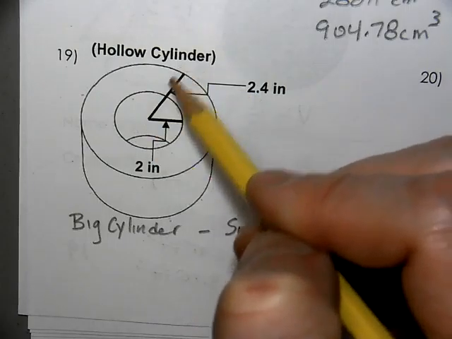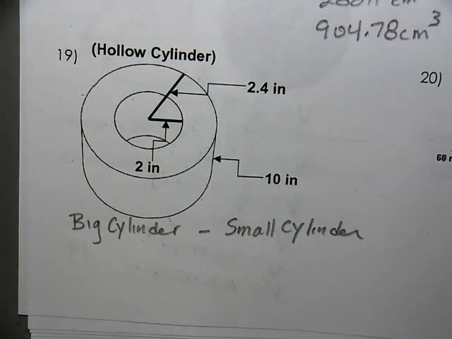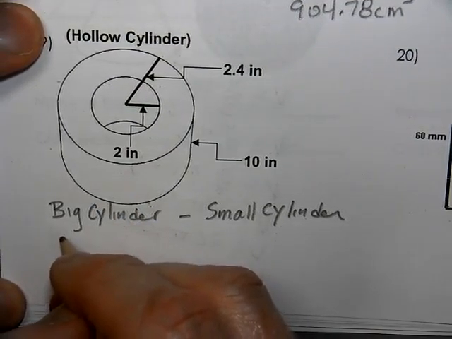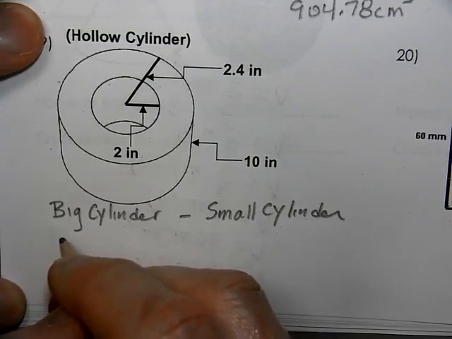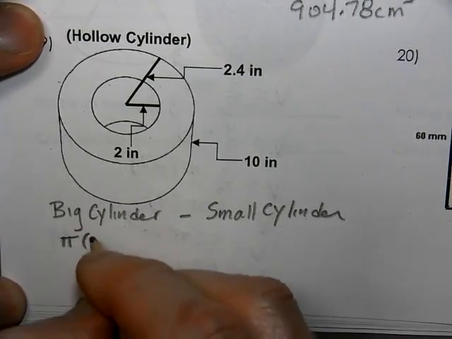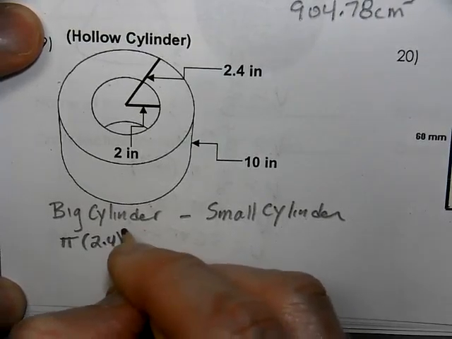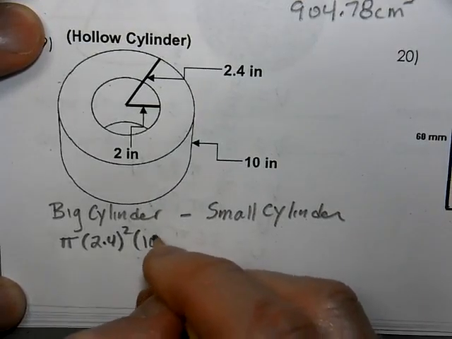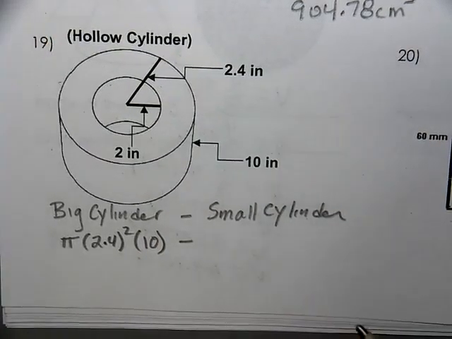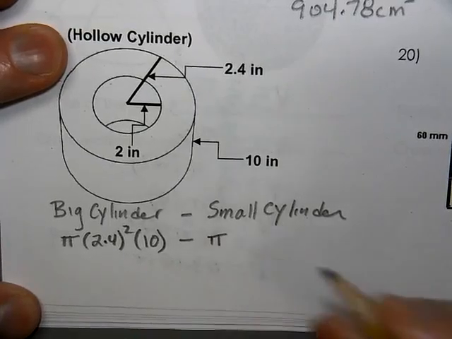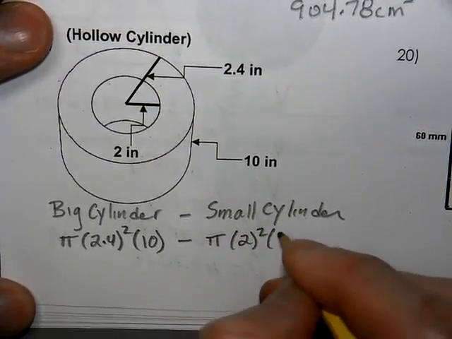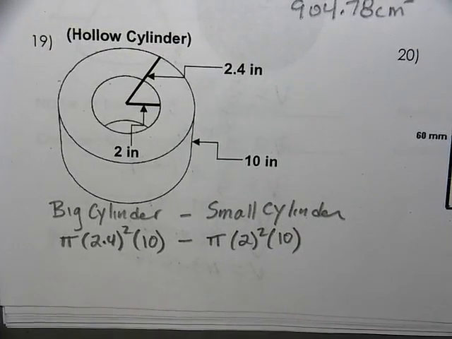I believe that that's the total distance all the way through there. So we're going to say the big cylinder is pi r squared times the height of this cylinder, which is 10, minus the small cylinder, which is pi times 2 squared times 10.